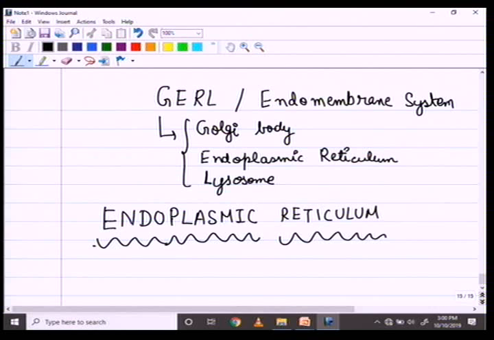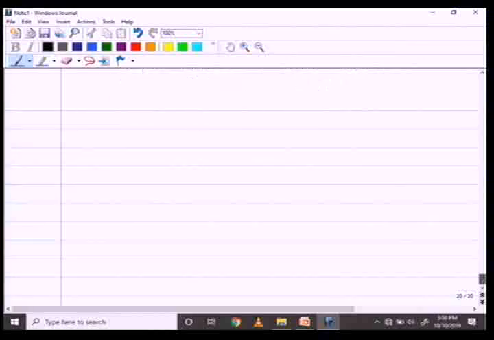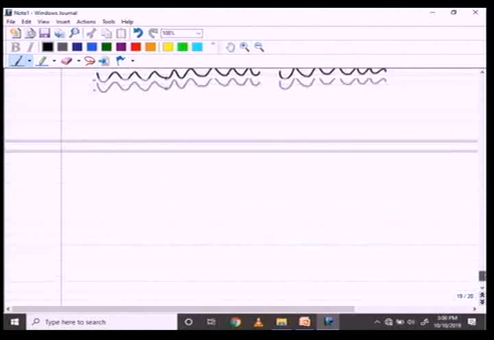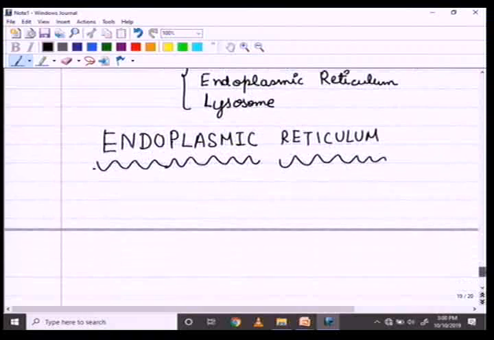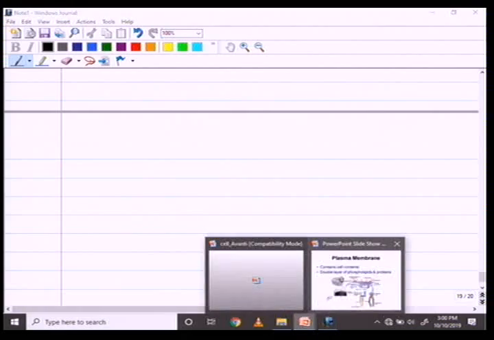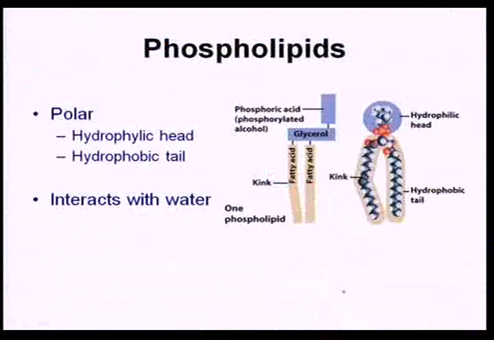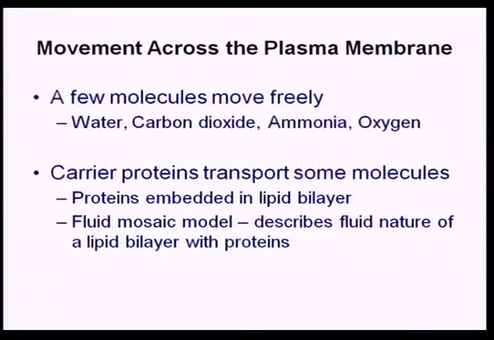So what does endoplasmic reticulum refer to? I hope you have done it, right? So I'm shifting the slide down. I actually need to make a diagram, but first let's have this introduction. One more thing.